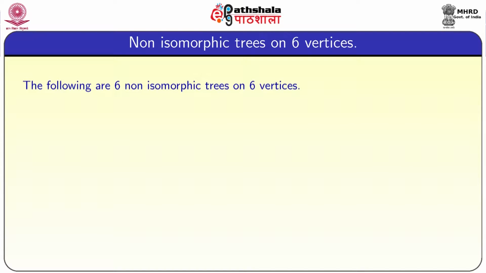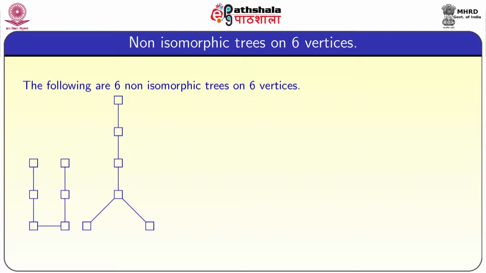The following are 6 non-isomorphic trees on 6 vertices. This is a tree with 6 vertices, and we observe that it is a path with 6 vertices, and this is another tree with 6 vertices. These two are non-isomorphic, that is easy to see.